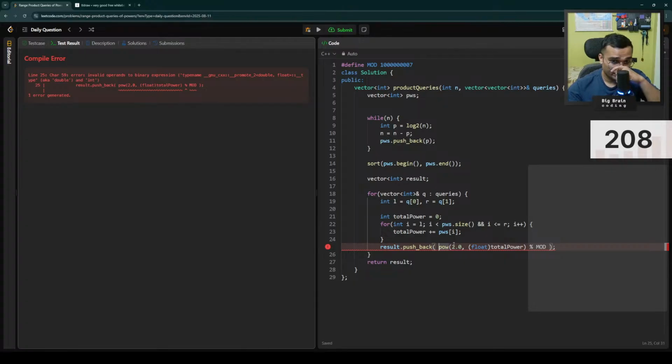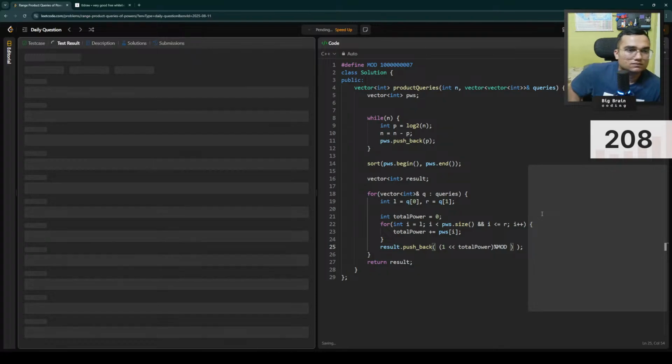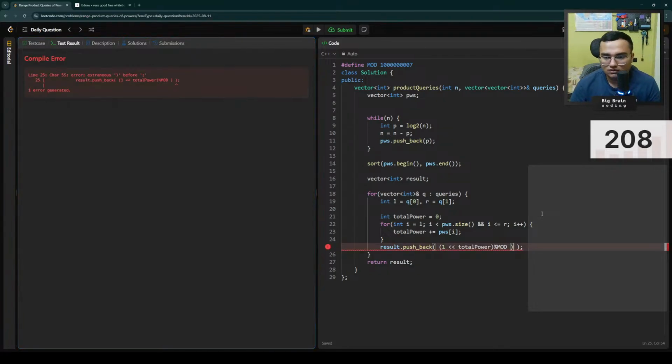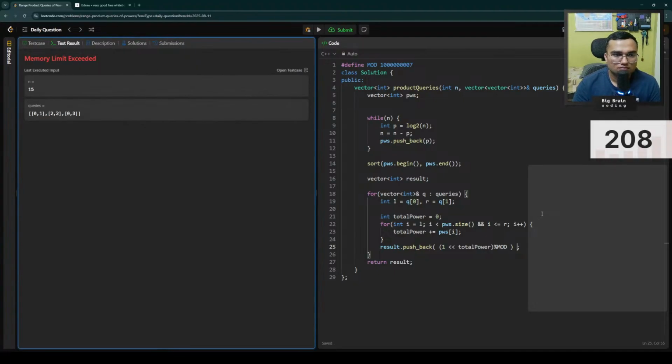Oh, power of 2. Why can't I just do this? 1 left shift total power, right? This is correct, right? Mod. I just don't need to do that even. Okay.